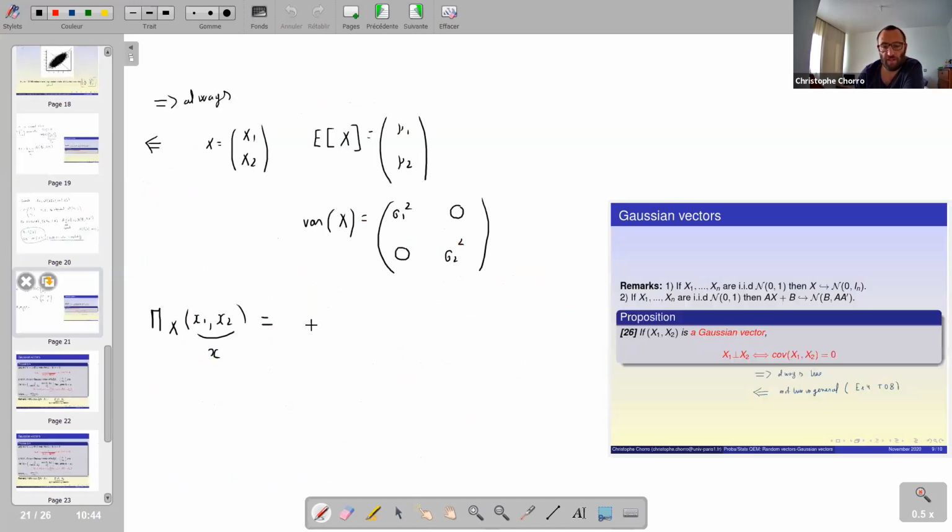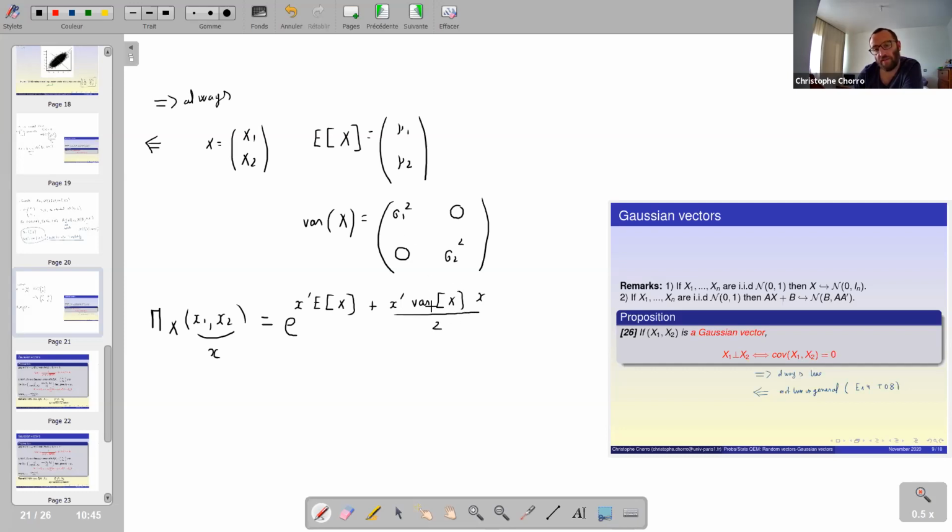So it is equal to the exponential of x prime times the expectation of X, plus x prime times the variance of X times x, over 2.